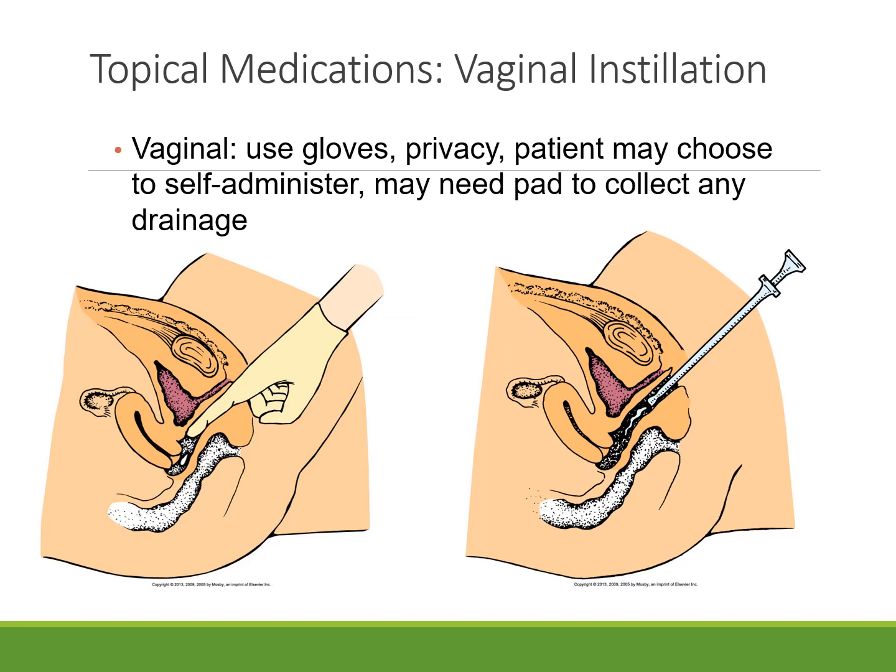Topical medications can also be given through vaginal instillation. There are the so-called vaginal creams and vaginal foams, applied directly into the vagina using gloves, or the patient can administer it by himself or herself.